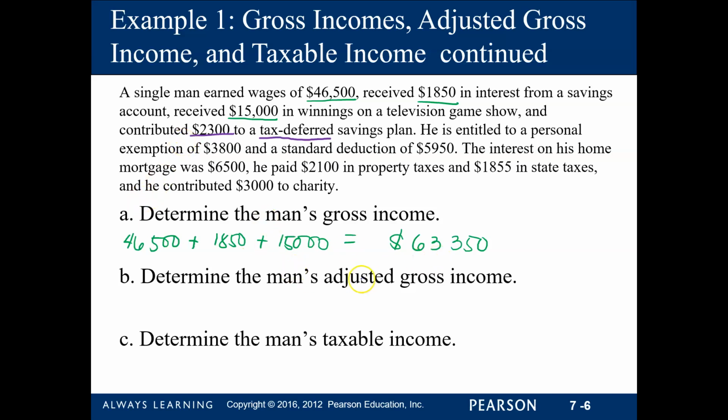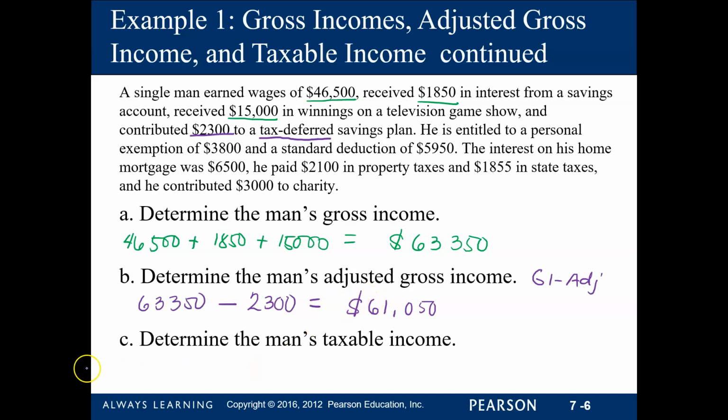To find the AGI, adjusted gross income, it's going to be the GI, 63,350, minus the 2,300 adjustment. And this is going to give us 61,050. So remember, this is GI minus the adjustment. And our adjustment is the 2,300.